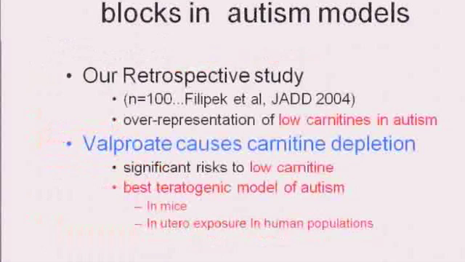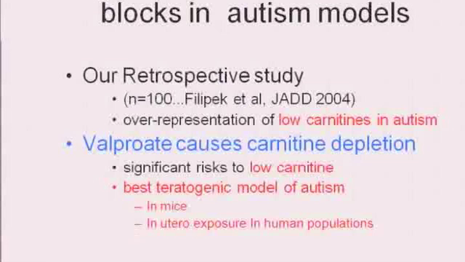Now, this carnitine deficiency is actually an intriguing insight because of the fact that valproic acid, a seizure medication that's given to children, causes a major risk for carnitine depletion. In fact, nowadays when kids are started on the drug, they're always measured for their carnitine levels before the drug is initiated. It turns out that this drug that causes carnitine deficiency is really the best teratogenic model.